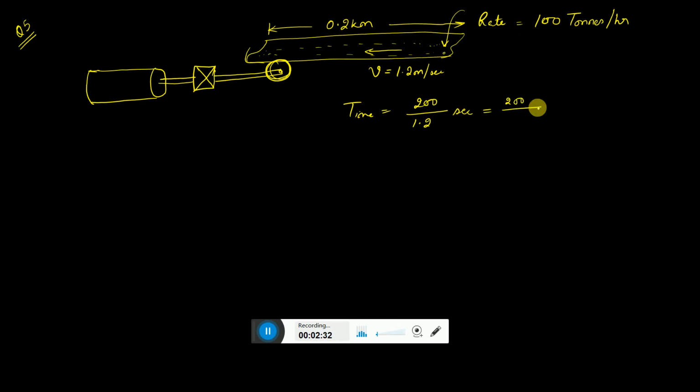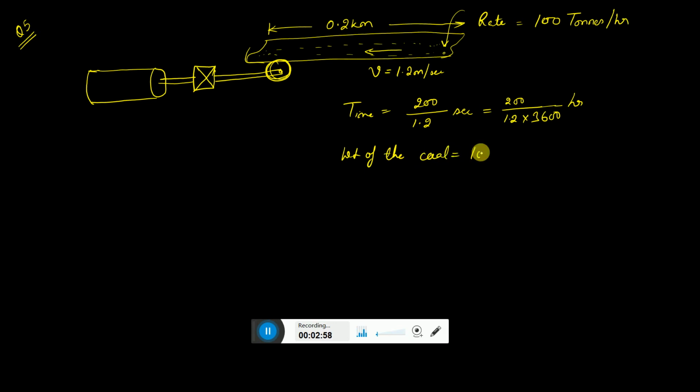If you take 200 by 1.2 and divide by 60 and then again 60, that is 3600, you will get the time in hours. If you multiply with the rate at which the coal is getting in, you can get the weight of the coal.